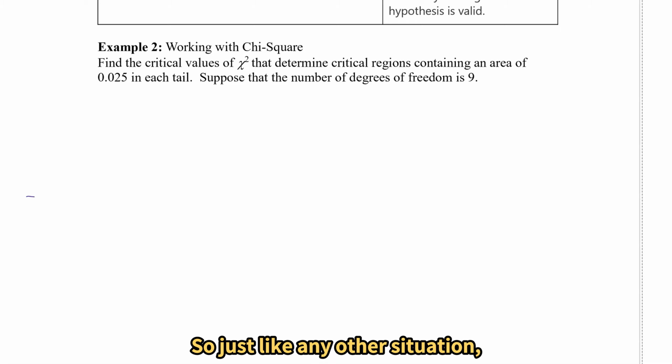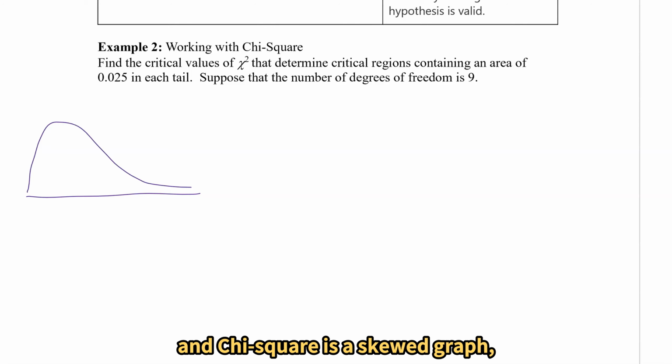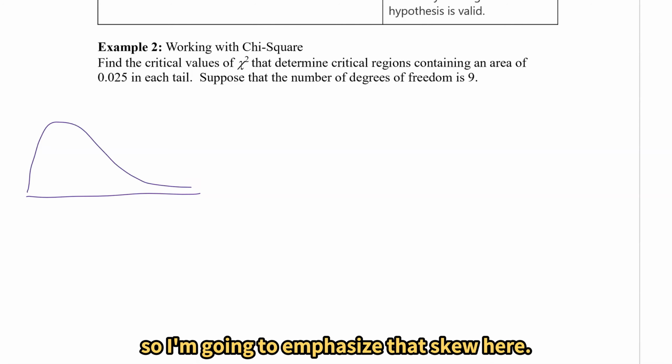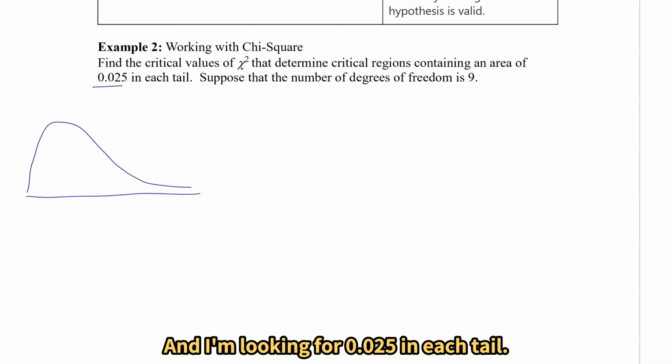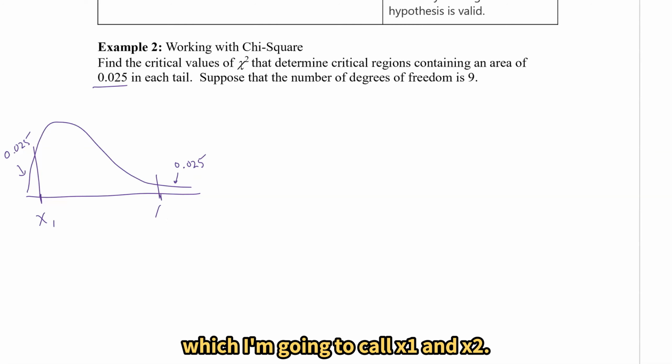So just like any other situation, I like to draw my picture, and chi-squared is a skewed graph, so I'm going to emphasize that skew here. And I'm looking for 0.025 in each tail. And so I'm looking for these two numbers, which I'm going to call x1 and x2.